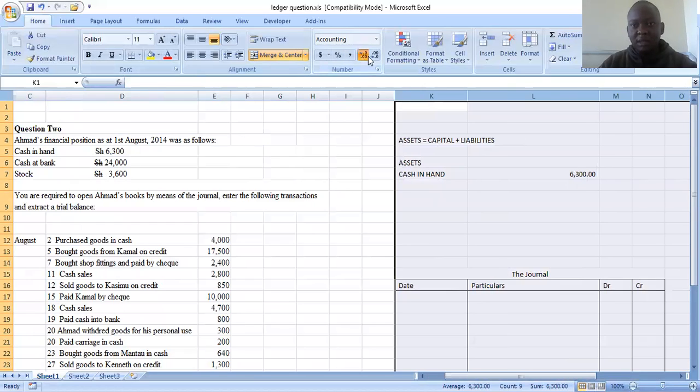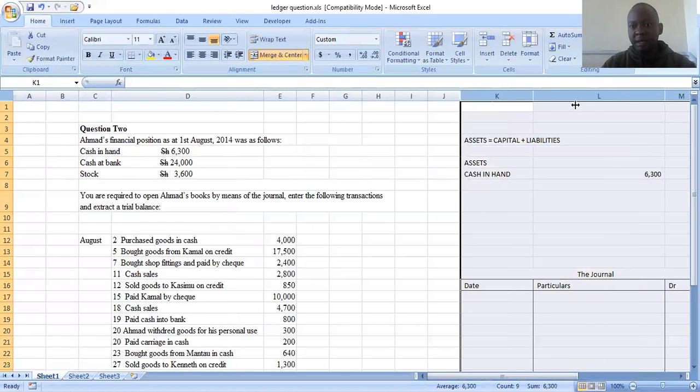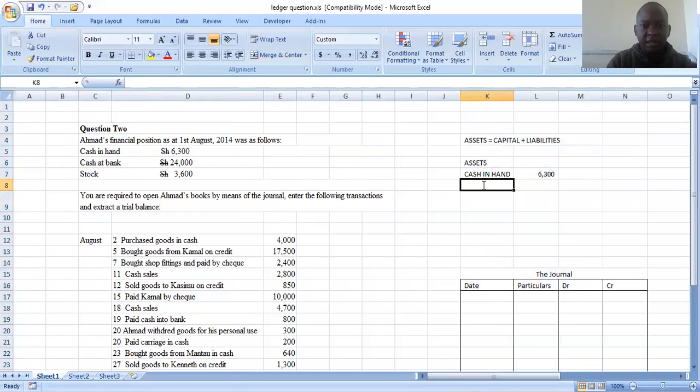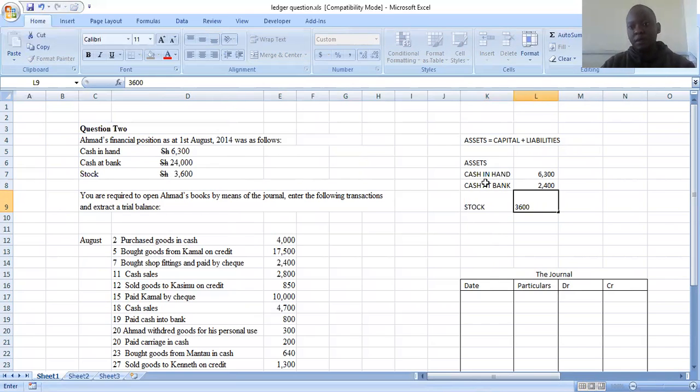Cash in hand is 6,300. Then you have cash at bank, which is 2,400. And stock is another asset, that is 3,600. So you have those three items at the beginning.